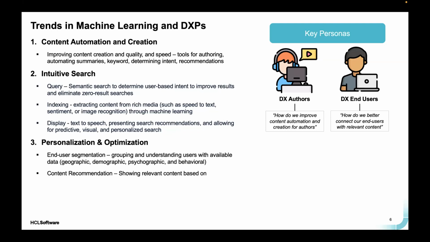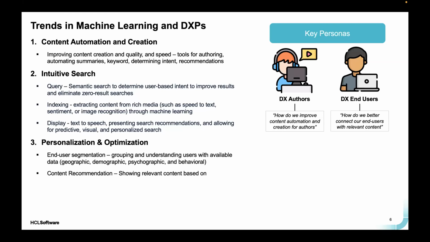And then finally, personalization and optimization. So end user segmentation, for example, or behavioral intent segmentation based off of past behaviors. How do we group you into a certain category to better target, for example, content recommendations, the right content for the right people?